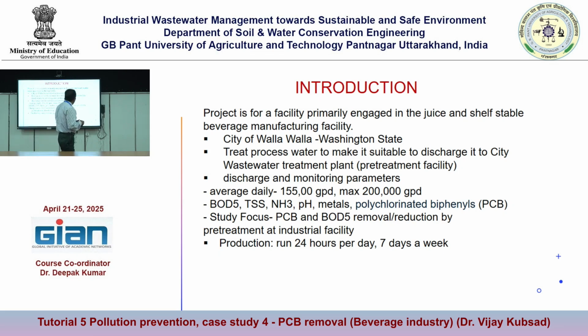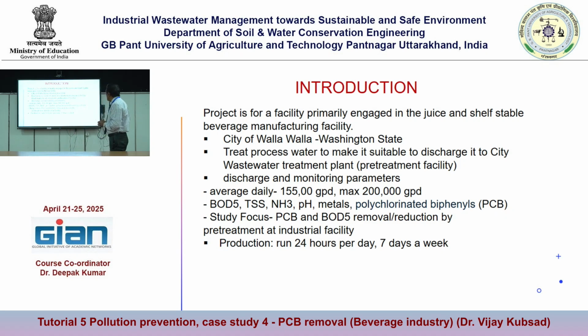So when an industry is discharging to the city wastewater treatment plant, we apply a pre-treatment to make it compatible with the wastewater which the receiving wastewater treatment plant can treat. We will do that and then discharge.